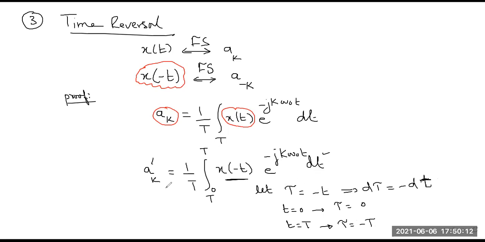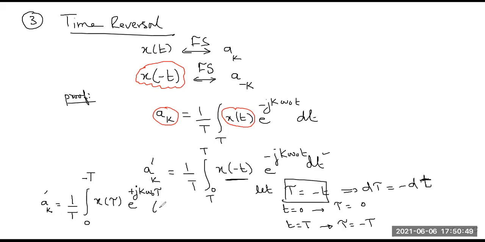So let me change the variable. We get the Fourier coefficient A sub k dash is equal to 1 over T, and now the lower limit is 0, upper limit is minus T. We have x of tau, then e power minus j k omega naught, and this has become plus because of this, and then we have minus d tau, because dt is equal to minus d tau.